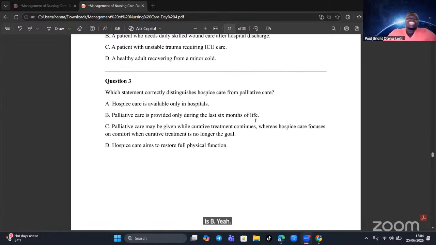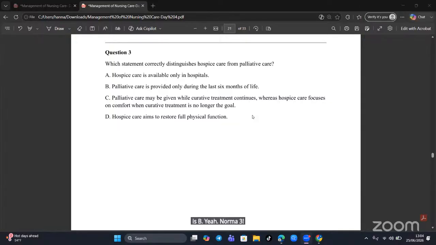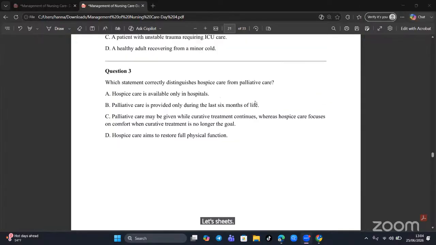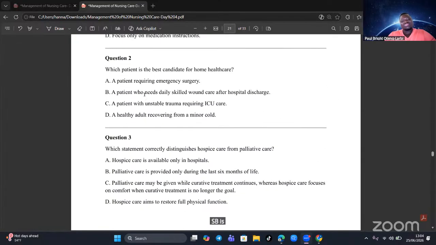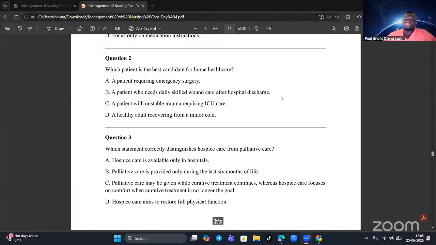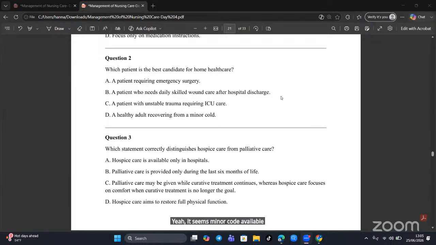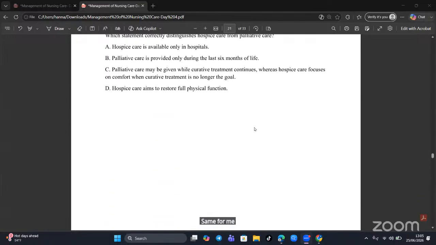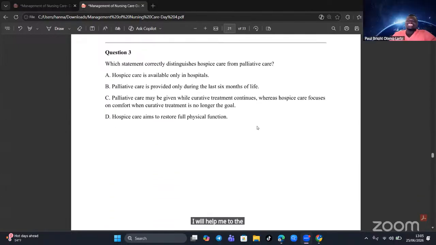So, B, the patient who needs daily skilled wound care after hospital discharge. Okay, so the home health company will go to the patient's home to help. A minor cold is not an infection that needs that.